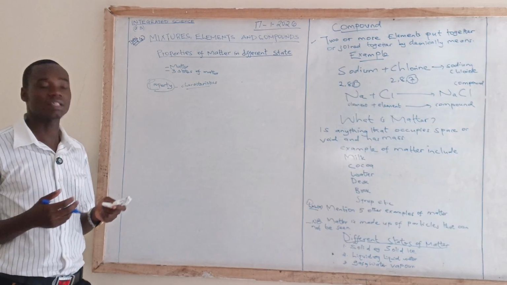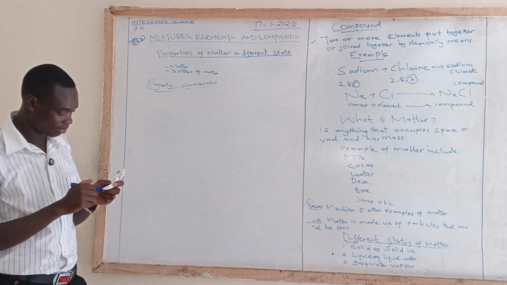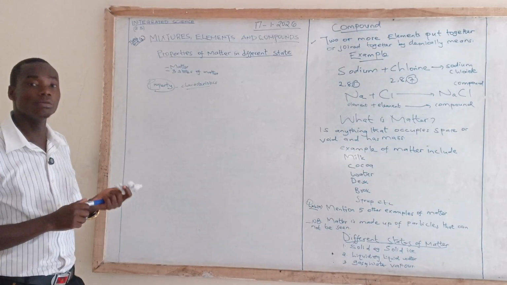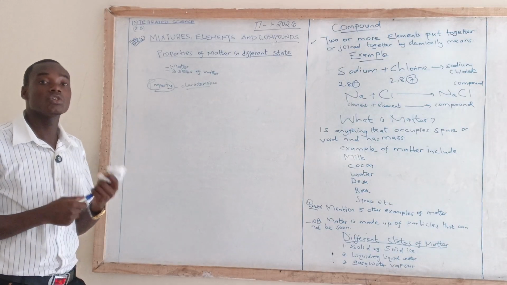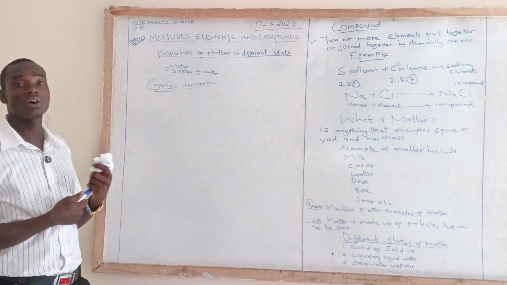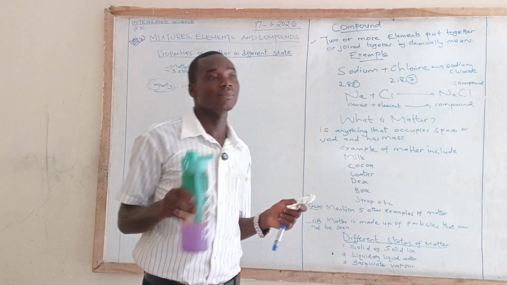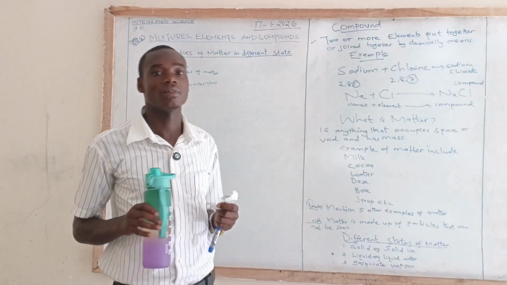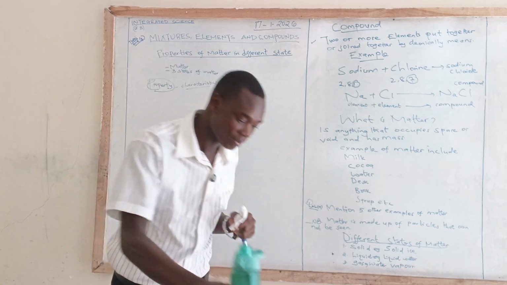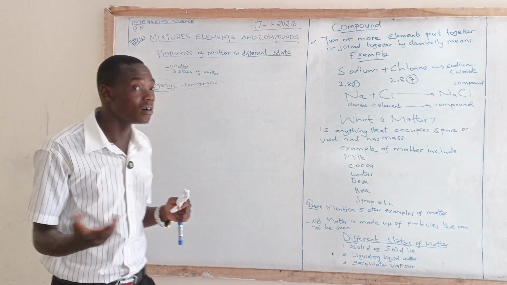The properties of matter. What is their shape? Do they have volume? Are they able to have a higher density or not? If we are able to compress them, are they incompressible? Are they compressible? Are they able to flow?